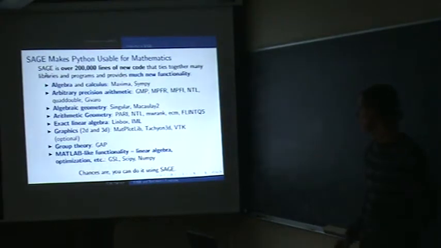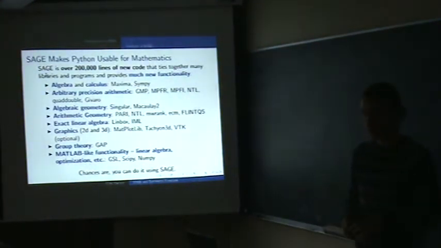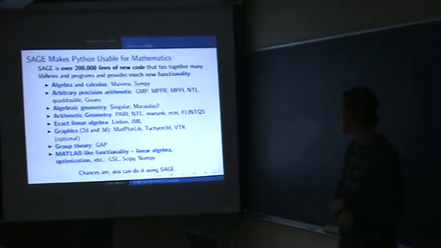You have arbitrary precision arithmetic, so GMP is by far, I think, the fastest library for doing integer arithmetic. MPFR for doing arbitrary precision real arithmetic, and NTL, the number theory library, has some code for doing arbitrary precision arithmetic as well.